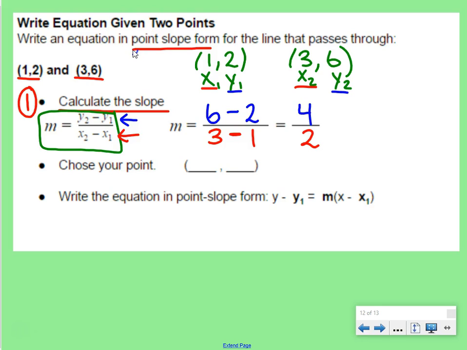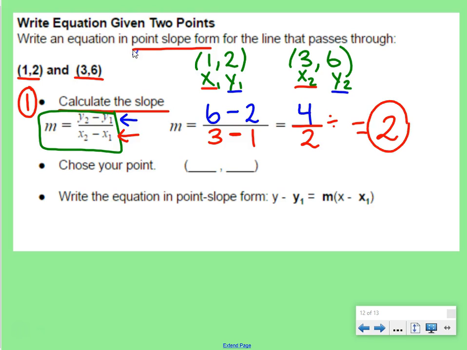Make sure you are reducing your fraction to the simplest form. 4 divided by 2. Remember, this fraction bar means divide. So if we can divide the numerator by the denominator, like we can with 4 divided by 2, then we get a whole number. So our slope is 2.